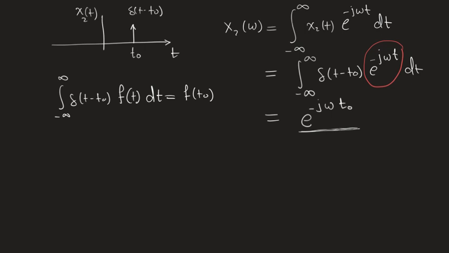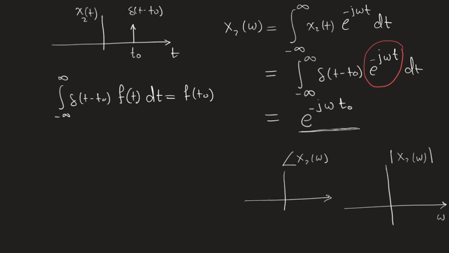It's a pure phase term, right? It's e to the minus j omega multiplied by some constant. So when you take the magnitude of that, it's constant across any omega. So if you want to plot this in the frequency domain, this is our X2 of omega. I want to plot the magnitude of X2 of omega and the phase. So this is the magnitude, and this is the phase diagram as a function of omega.